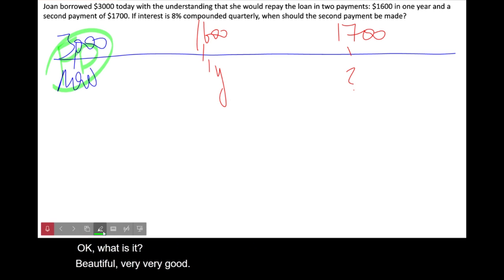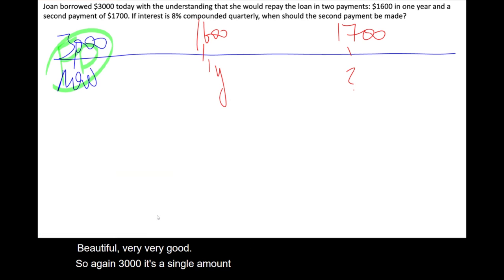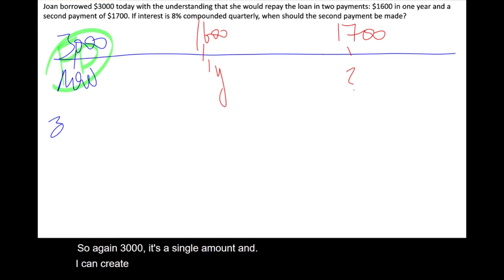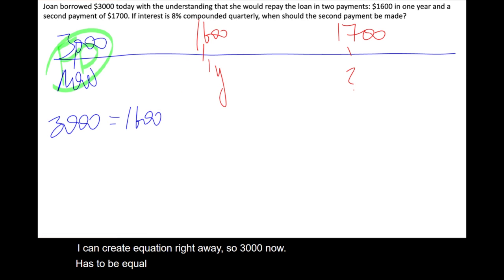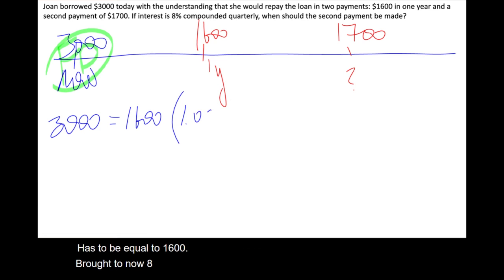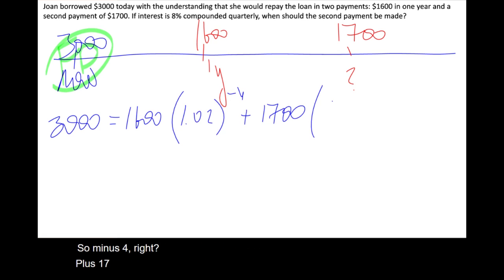So again, 3,000, it's a single amount, and I can create the equation right away. So 3,000 now has to be equal to 1,600 brought to now, 8 quarterly is 0.2, so minus 4, right? Plus 1,700, 0.2 minus n.